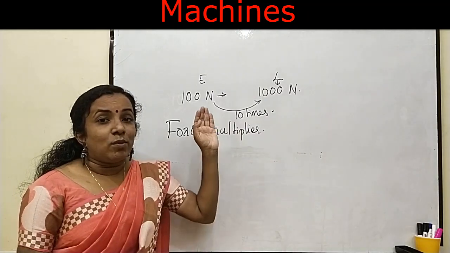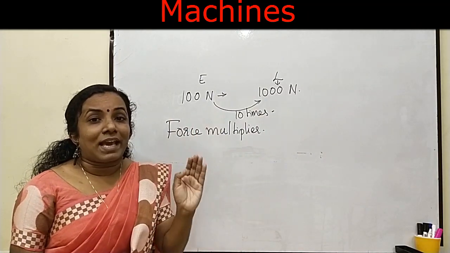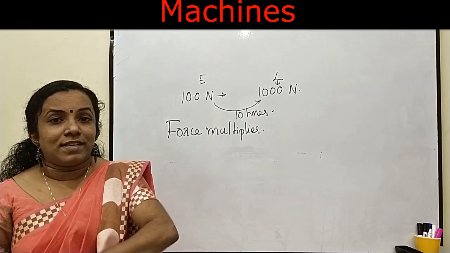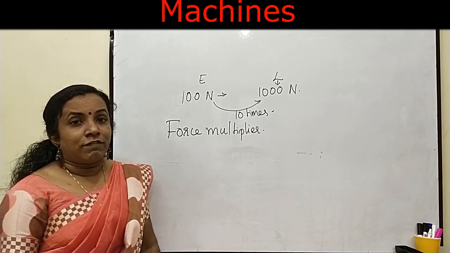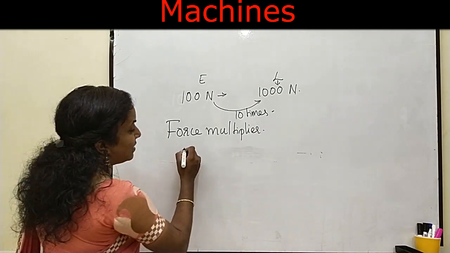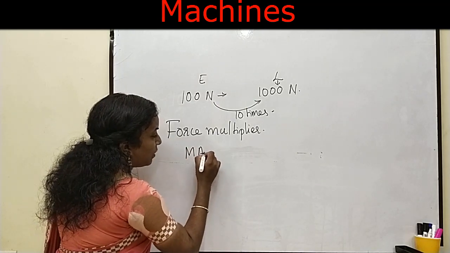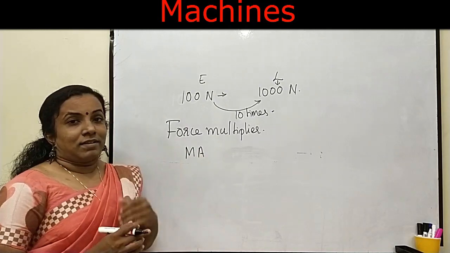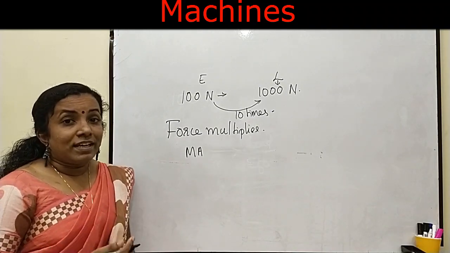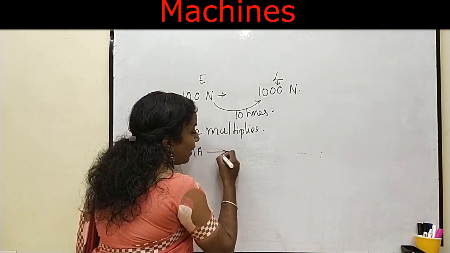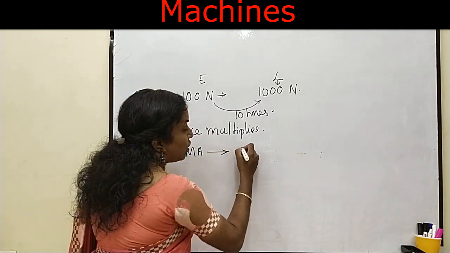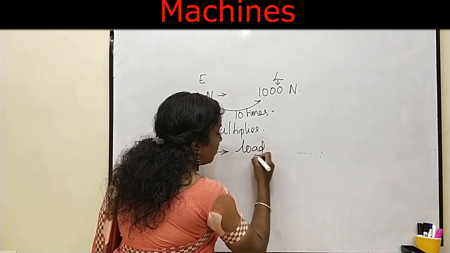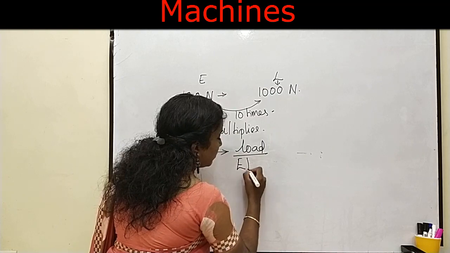And this advantage is called mechanical advantage in physics, and the symbol of mechanical advantage is MA. So, mechanical advantage is MA. Okay, so we can define mechanical advantage as the ratio of load by effort.